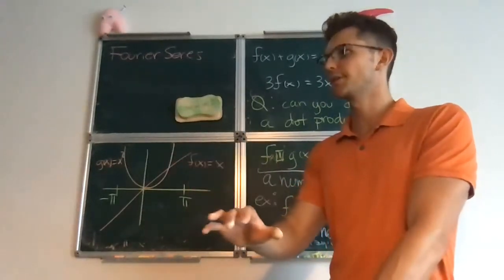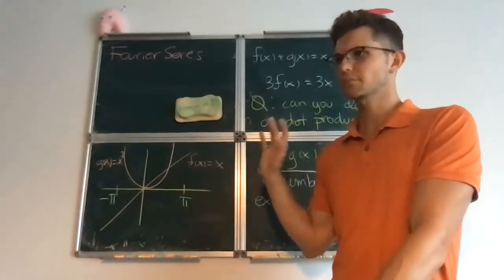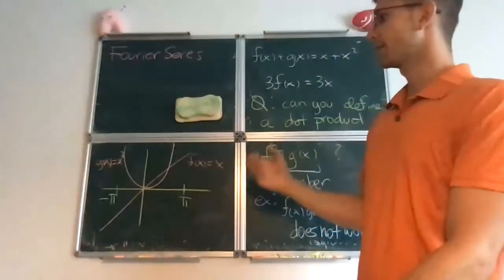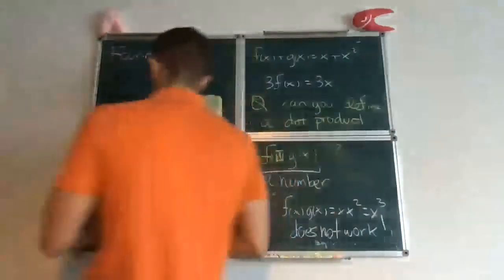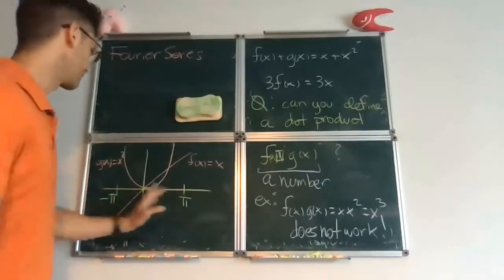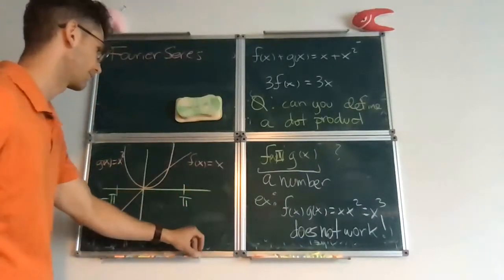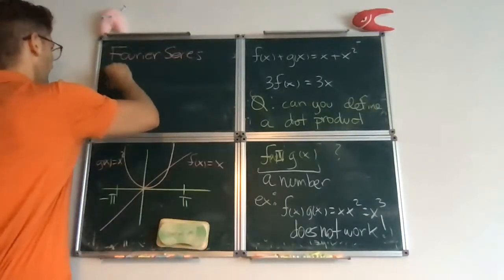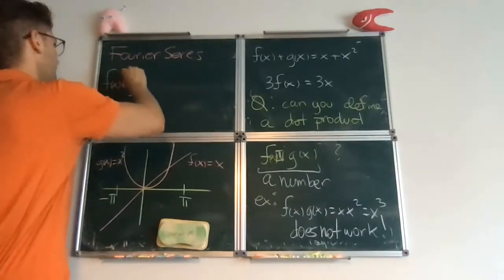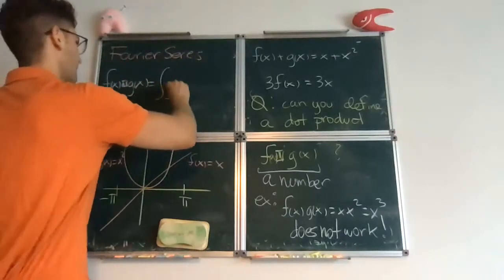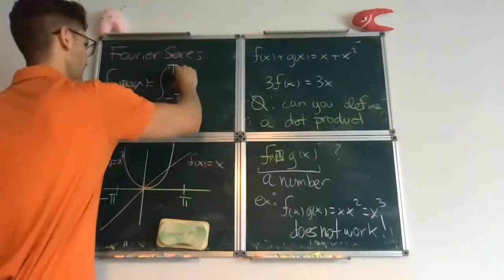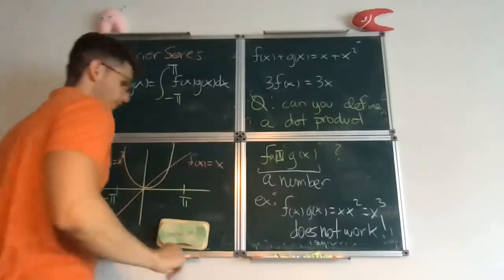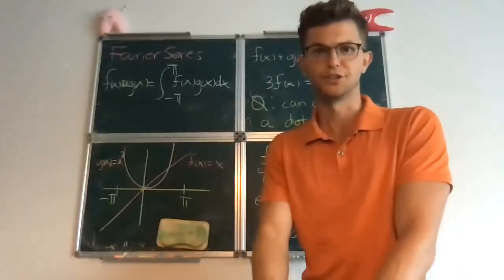So you could pause the video if you want to think a little bit more about what a potential definition could be. But the idea of a Fourier series is, say, if you restrict your functions to some interval, like from -pi to pi, then the actual definition of a dot product should be the definite integral of the multiplication of the functions.